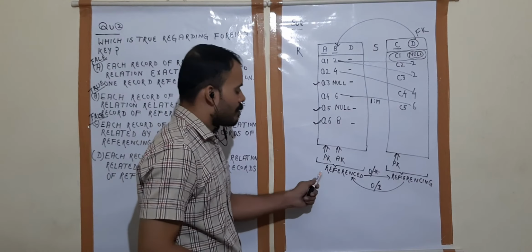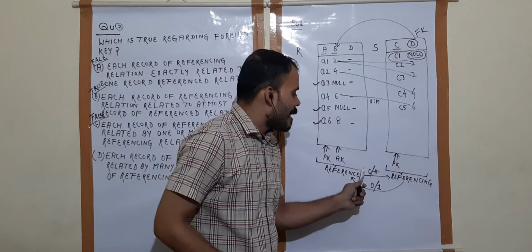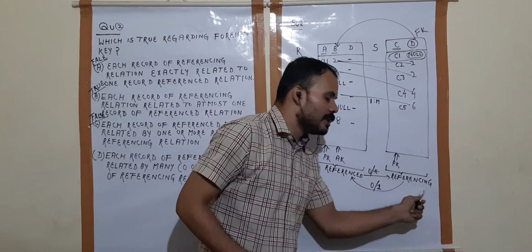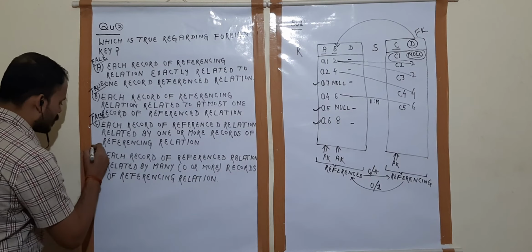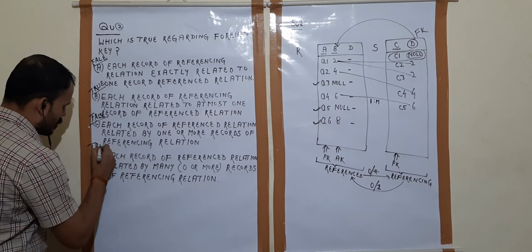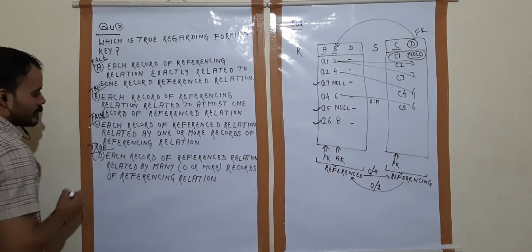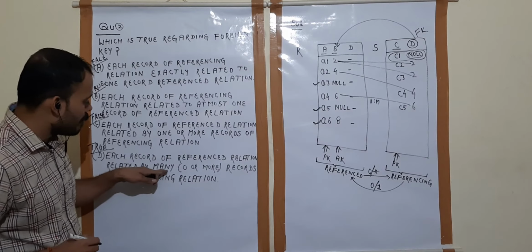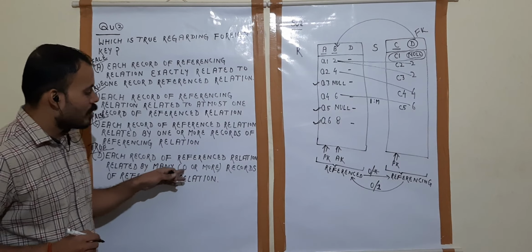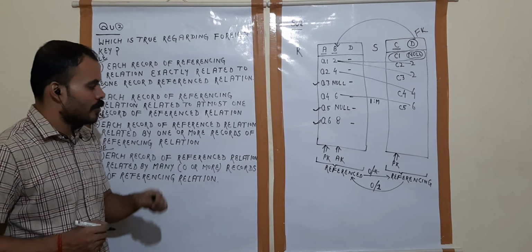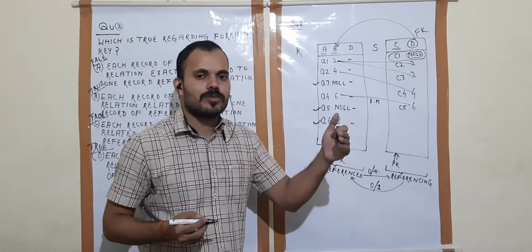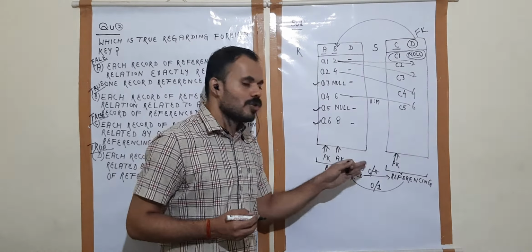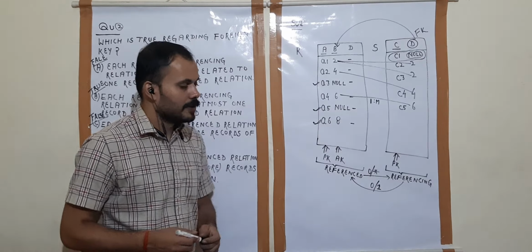Means each record of the referenced relation is related by zero or many records of the referencing relation. This is true. Related by many means zero or more. Asterisk means many, 1, 2, 3, 4, it can be anything, and zero means zero mapping. Okay, thank you.